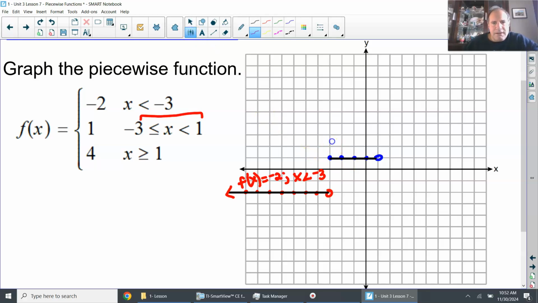Right, and that is f of x equals 1, and x is greater than or equal to -3 and less than 1. That's why it's an open circle on that side.